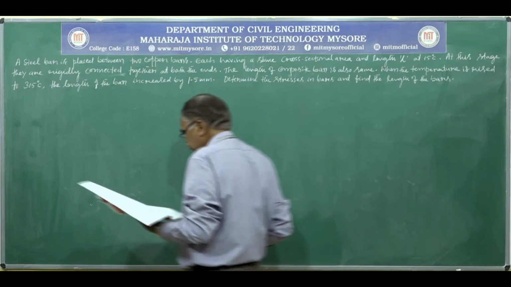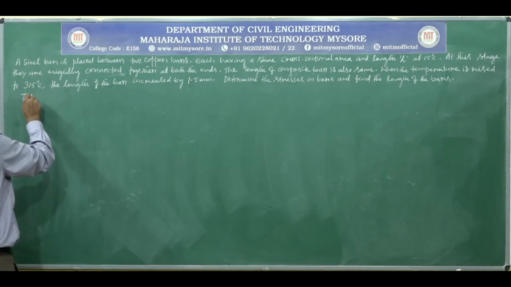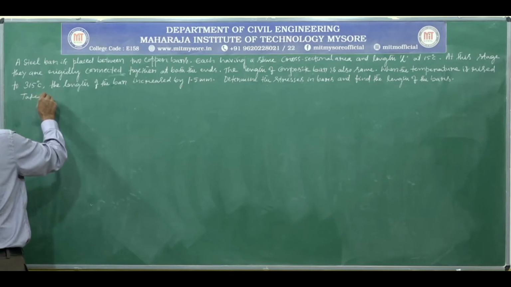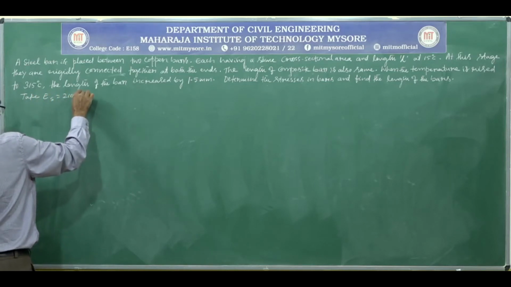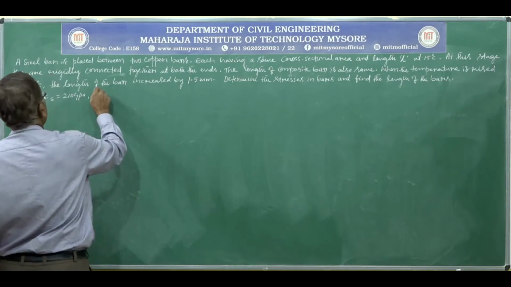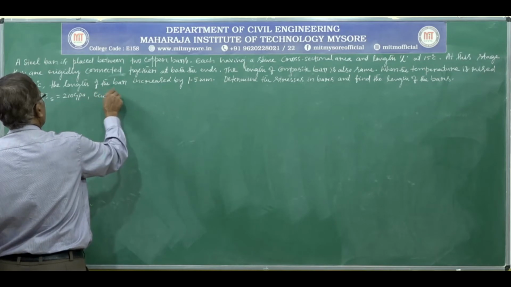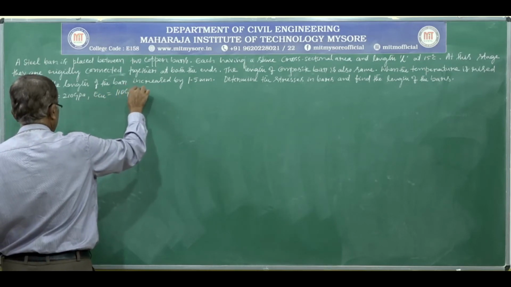Next, take Young's modulus of steel equal to 210 GPa, Young's modulus of copper equal to 110 GPa.